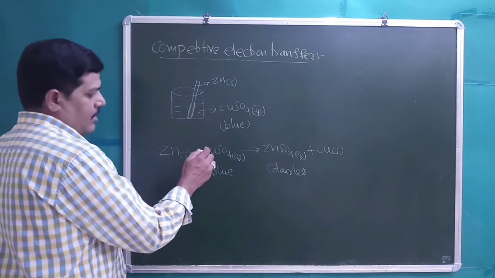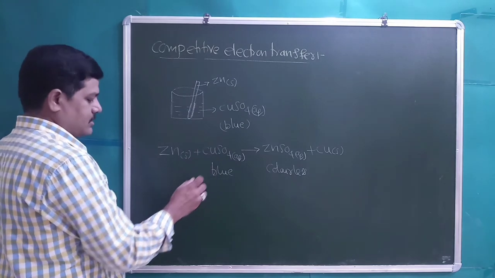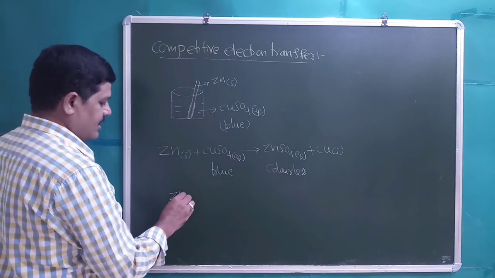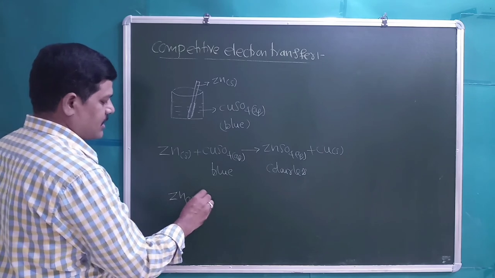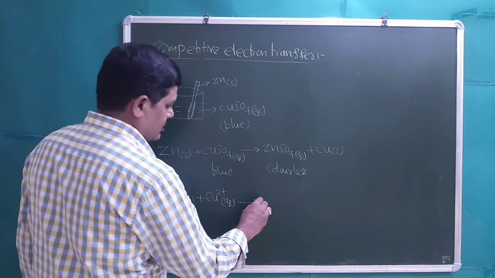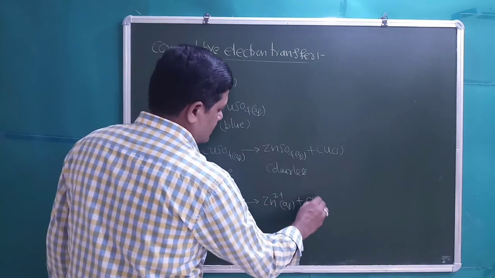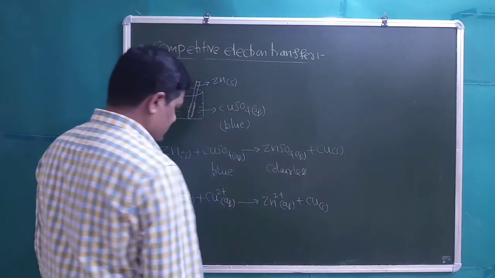Students, in the ionic form, this CuSO4 we can write as Cu2+. We can rewrite this equation as Zn solid plus Cu2+ aqueous gives rise to Zn2+ aqueous plus Cu solid.